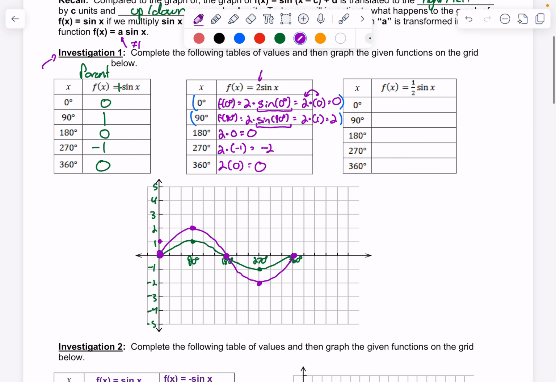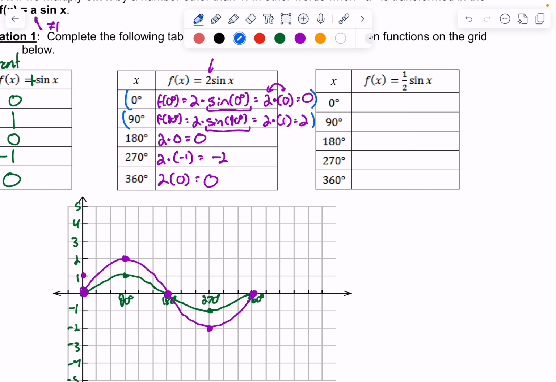And let's see what happens when we do the half. Same math, you're evaluating at 0 degrees. It ends up being a half multiplied by what is the value of sine at 0? Well, that's 0. So half times 0 gives you 0.